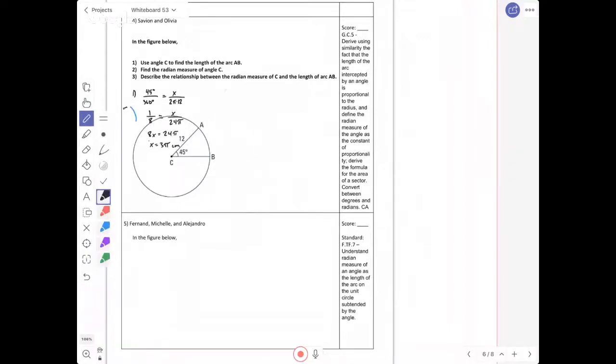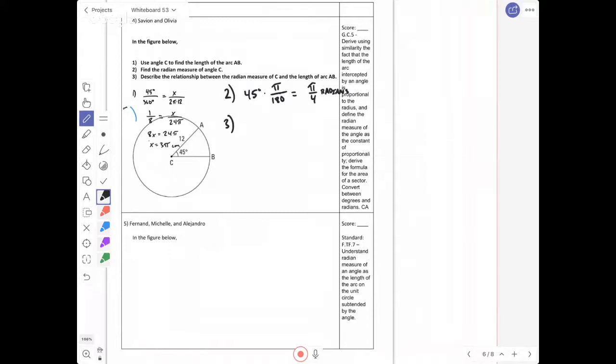Step 2, 45 degrees times pi over 180 equals, let's see, 45 degrees and 180, we're talking about a quarter. So pi over 4 radians.